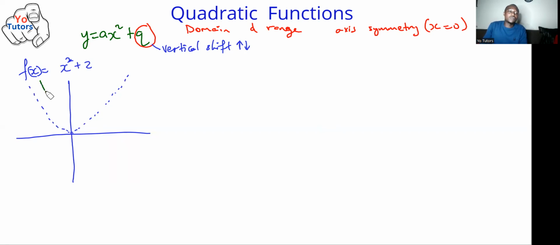Starting from 2. It's turning at 2, sorry. So here it will actually be 2 units up. In this case, don't forget to label your x-axis and also the center there. So this graph here will be 2 units up, so we are having 2 there. And here it's 0, the original one. So this one here is y equals x squared. But now we have transformed it by how many units upward? 2 units upward. So we are saying it's y equals x squared plus 2.